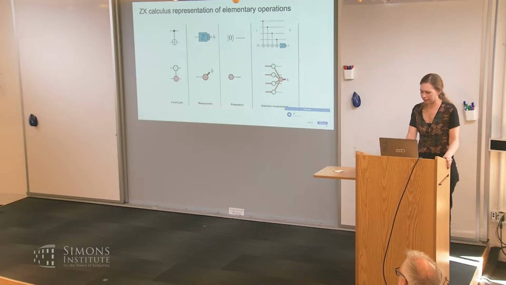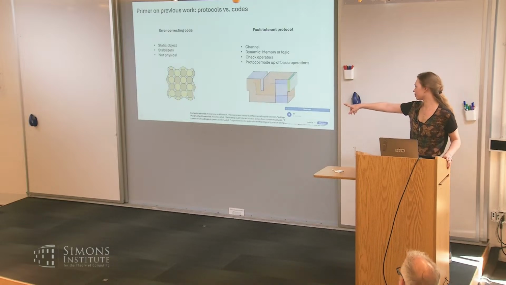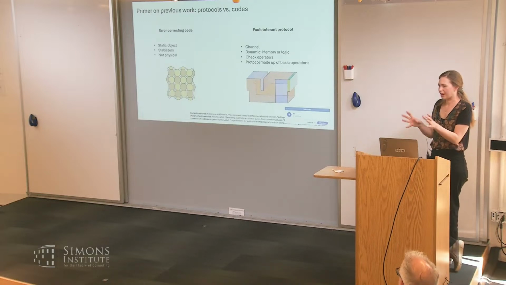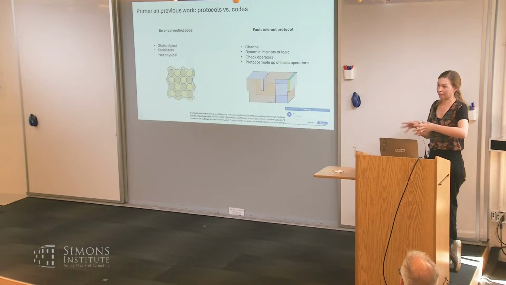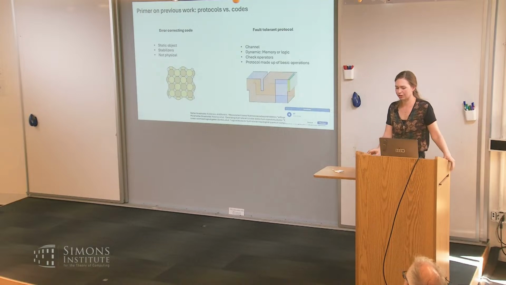I put the link in here somewhere. This paper at the bottom on logical blocks is a way of constructing logical blocks that implement ZX spiders, basically. So you can look at everything as turning into these elementary blocks, but that's only one way. There are many other ways that may be more efficient, that hopefully someone will come up with and that you could slot in. I think Mike wants to comment.